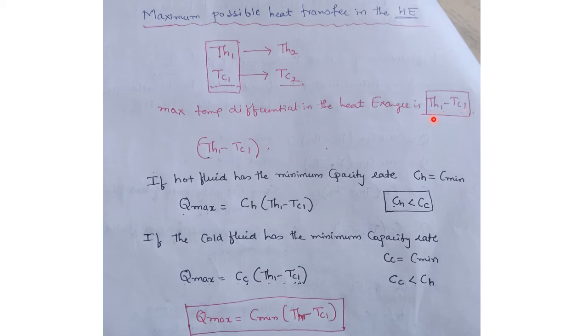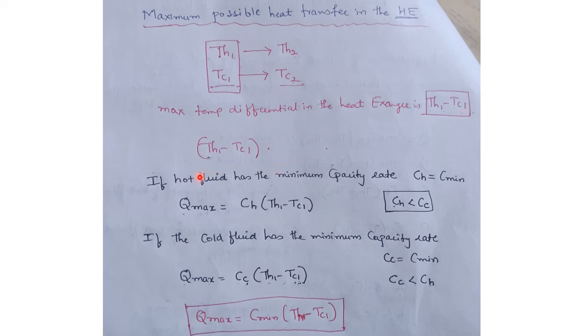You can observe here that TH1 is the highest temperature of the hot fluid, from which it decreases to TH2, whereas TC1 is the minimum temperature of the cold fluid, from which it increases to TC2. For that purpose, I have written here that the maximum temperature differential in the heat exchanger is given by TH1 minus TC1.